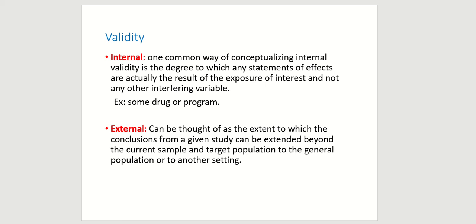External validity can be thought of as the extent to which the conclusion from a given study can be extended beyond the current sample and target population to the general population or to another setting. That is, generalizability of the results, how much whatever you found in the study can be taken to a wider population.